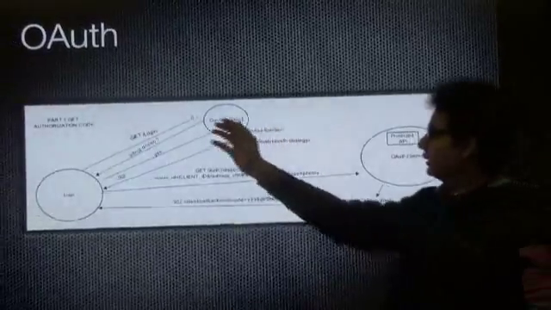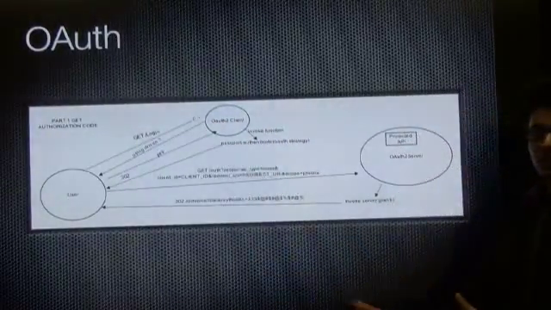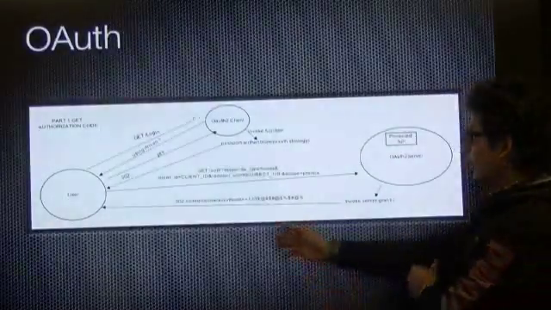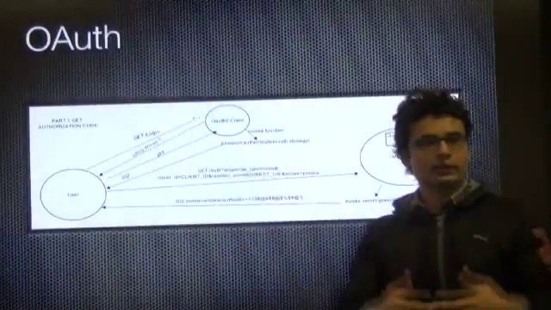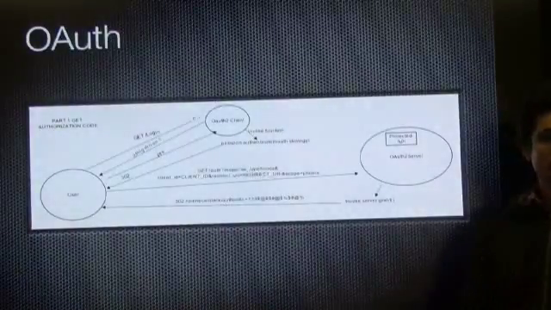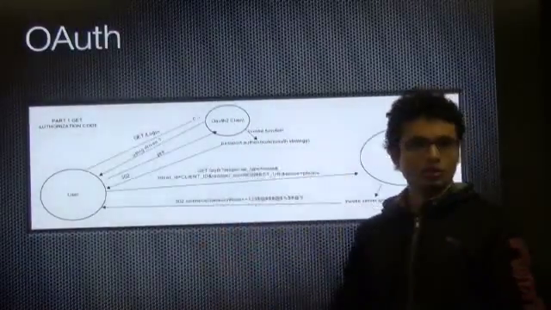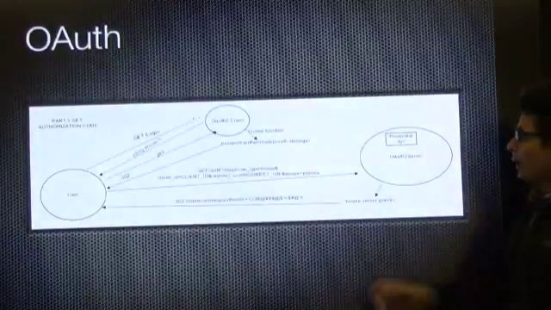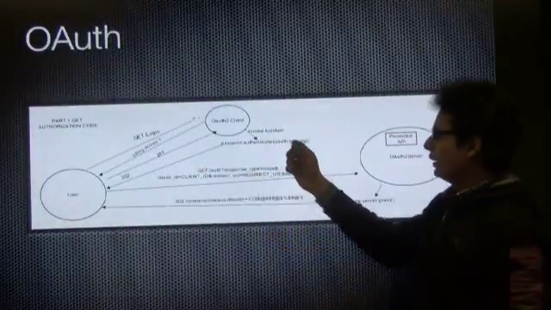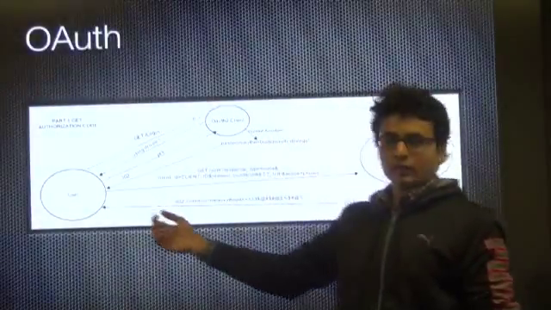So it starts with the first login. The user goes to the developer's page, I want to log in. So the developer will send back, giving them the option, do you want to log in through Facebook or Twitter? Similarly, he will get an option, do you want to log in using the Driven platform? Once he says yes, a library would be invoked and he will be redirected to the server.